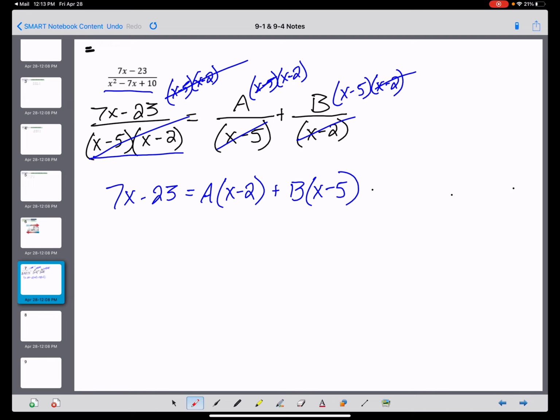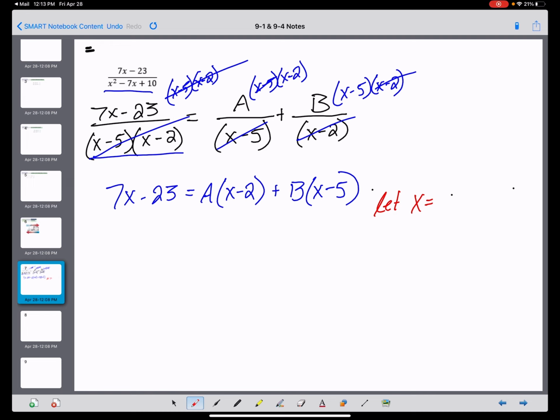A better way to do this is to say, let's say I want to solve for A. So I need to get rid of the B. I can let x equal something, and if I'm strategic about what I let it equal, then it will make my B disappear.